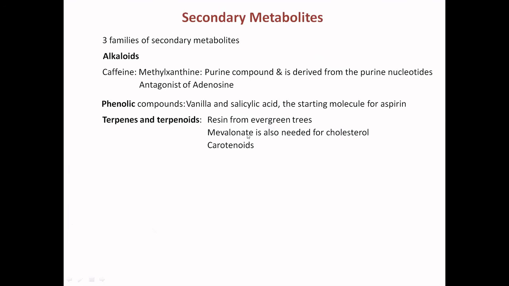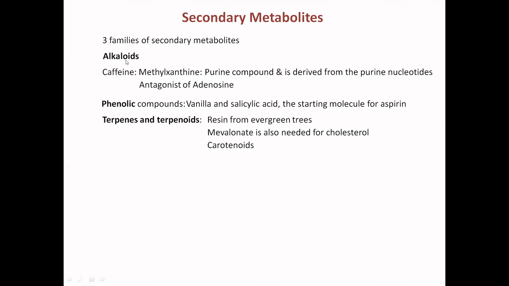Whatever we have discussed so far that we get from plants is oxygen and carbohydrates, but there are some other metabolites that we also get from plants. These are called secondary metabolites, and there are 3 families. One is the alkaloids.